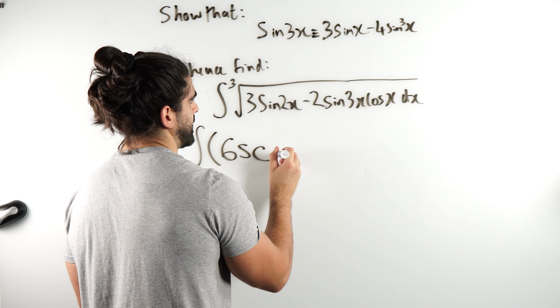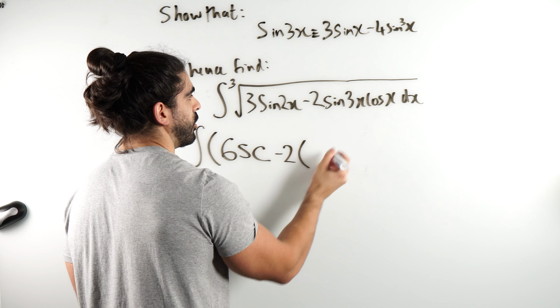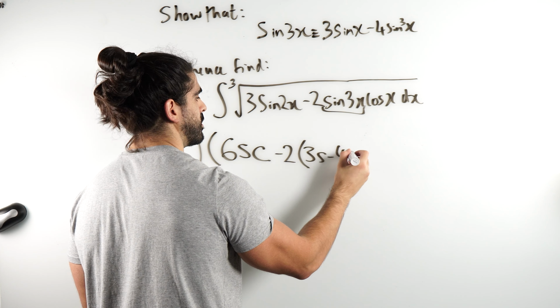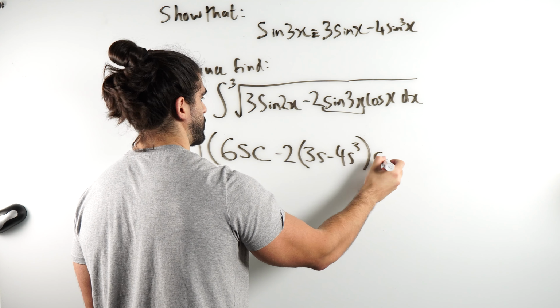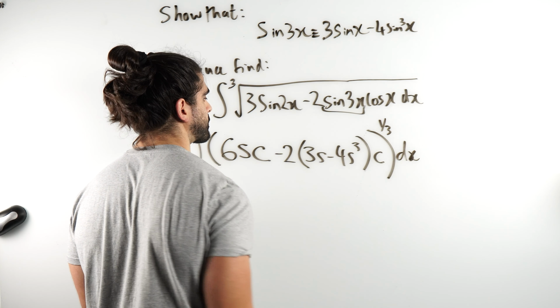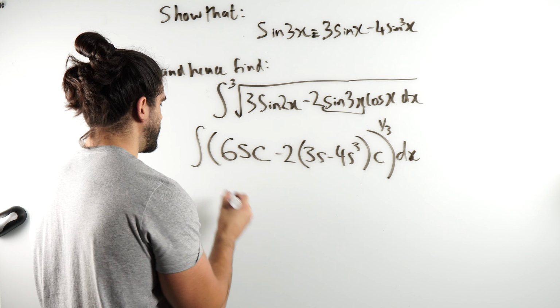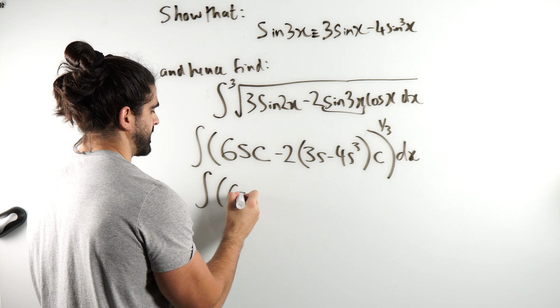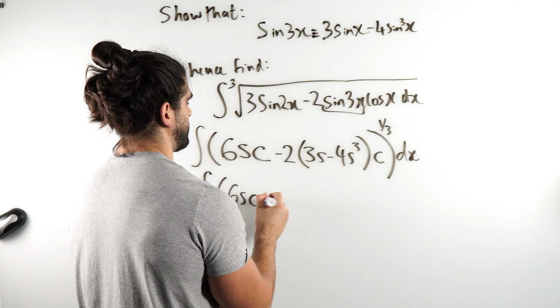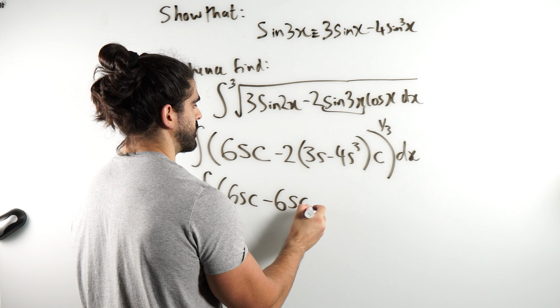Here I get negative 2 of this, which is that 3s minus 4s cubed times cos, to the power of a third dx. Okay. Expanding, I get 6 sine cos minus 2c times this is minus 6 sine cos.